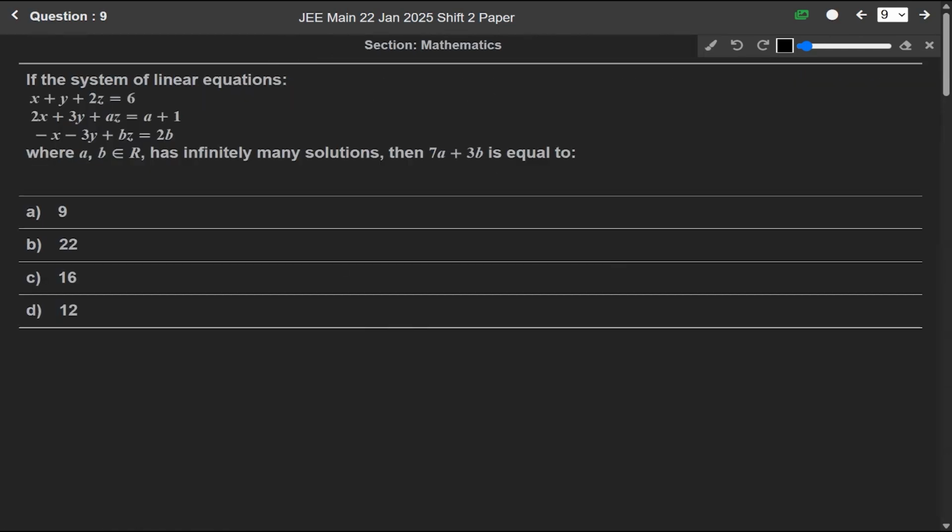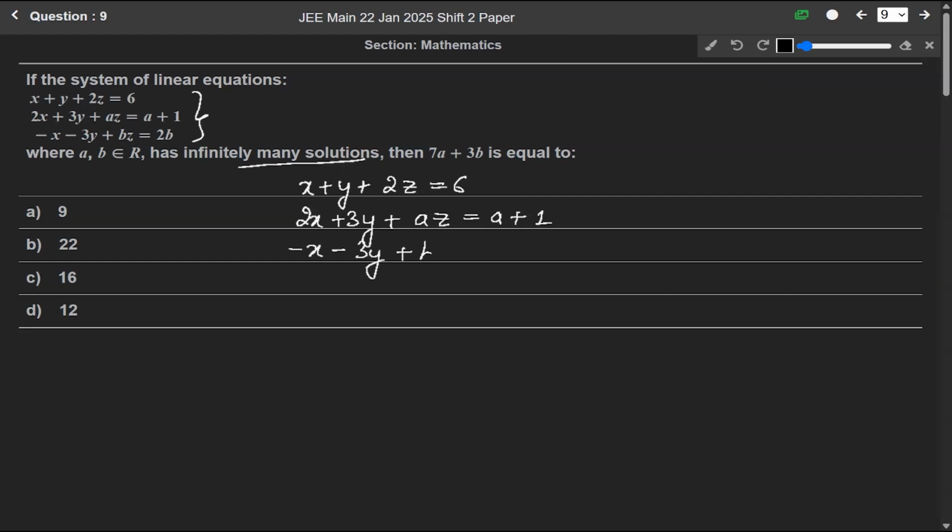Now next, question 9. If the system of linear equations, okay, we are given three linear equations, has infinitely many solutions. So it is saying that infinitely many solutions means their determinant will be equal to 0. Okay. So we are given x plus y plus 2z equals 6, 2x plus 3y plus az equals a plus 1, and minus x minus 3y plus bz equals 2b.